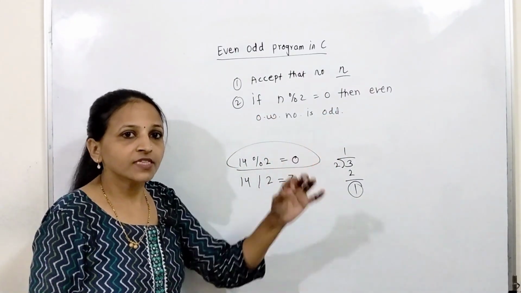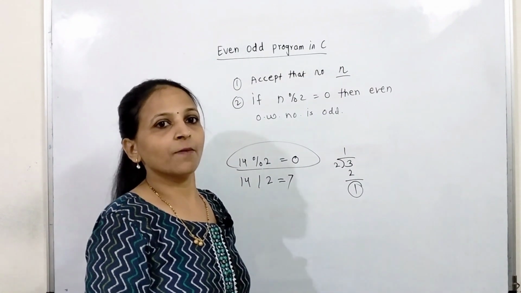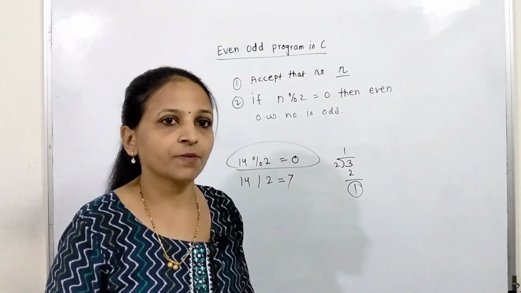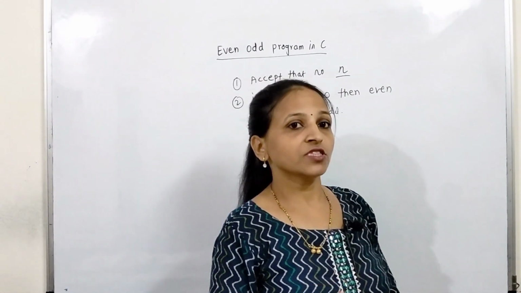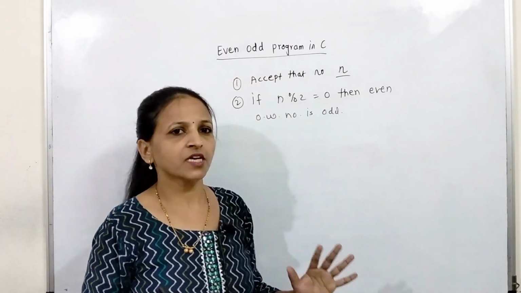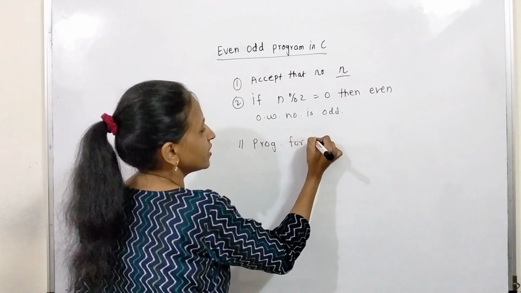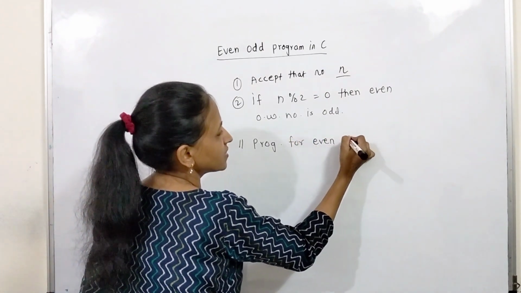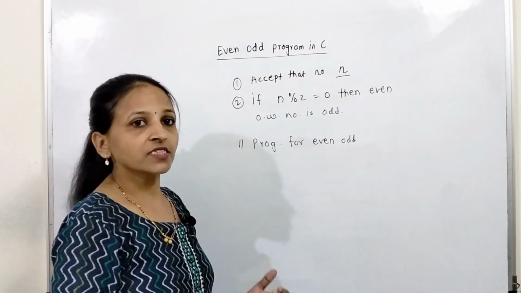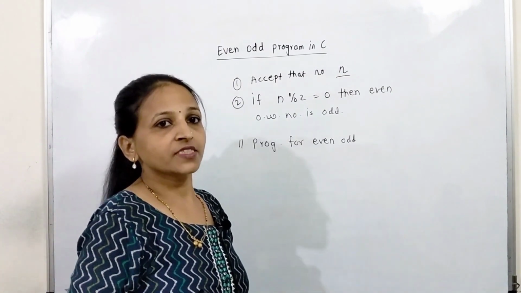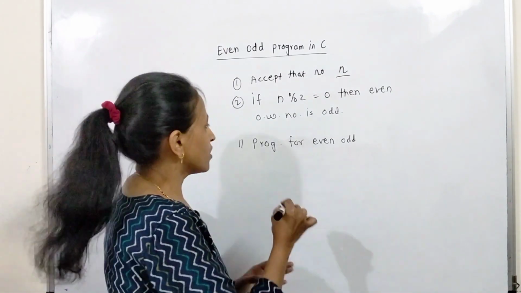Okay, now using this technique we will write the program. Now let us see the steps. First thing is we always have to write a comment. Comment is always important. Here we can write the comment: program for even odd. Next, in a C program we first have to include the stdio.h header file.